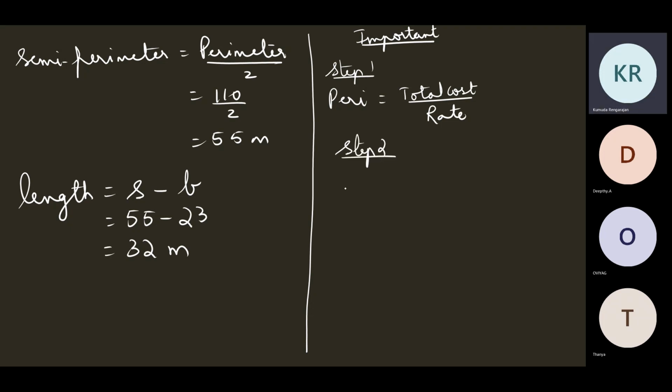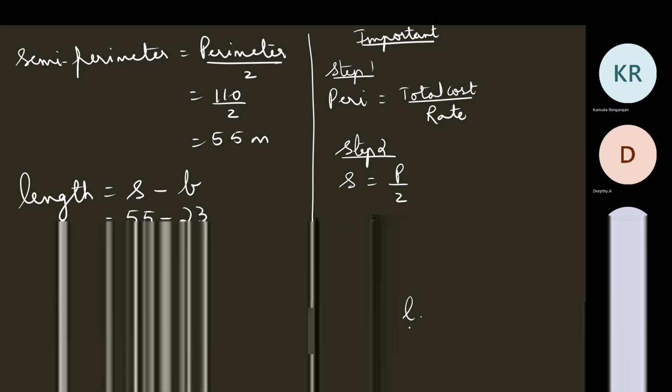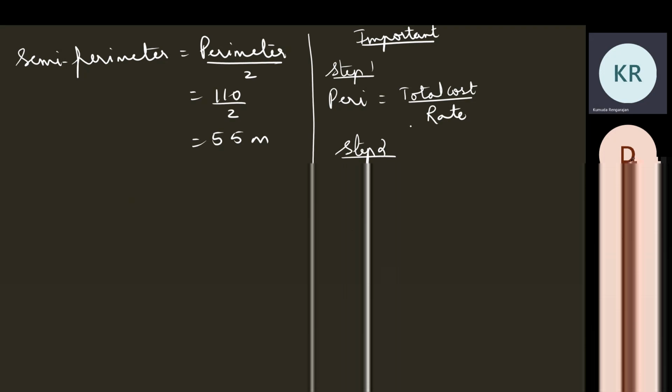Step 2 is to find the semi-perimeter, which is perimeter by 2. And step 3, if you have to find the length, it is semi-perimeter minus breadth. Or if you have to find the breadth, it is semi-perimeter minus length. So remember the steps in this order.